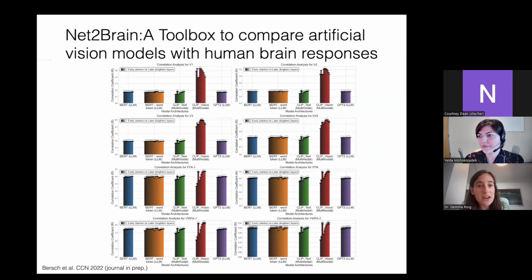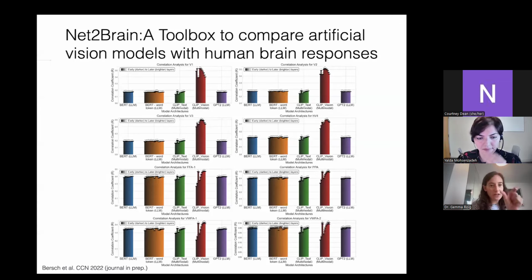So what we see here is the correlation analysis with the encoding model, so how it predicts the brain data. For V1, which is the top left, the vision model is the one that predicts the best, and with earlier layers. And then, as we go through the plot, from left to right and from top to bottom, what we see is the progression of the layers.